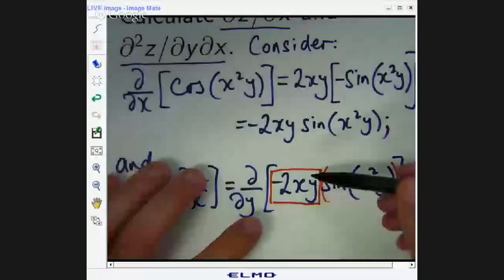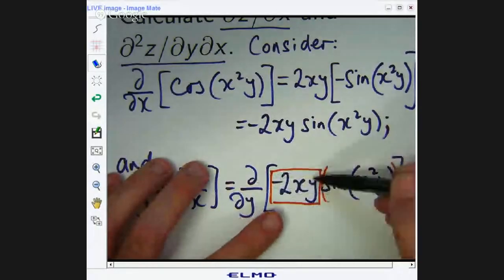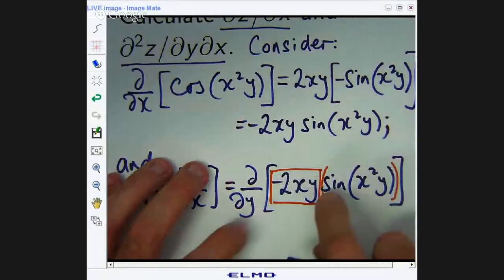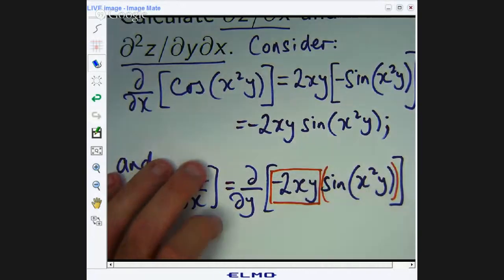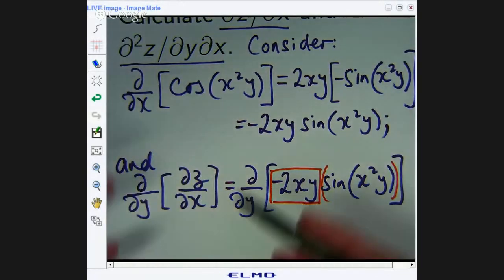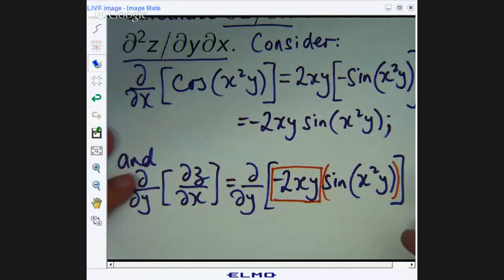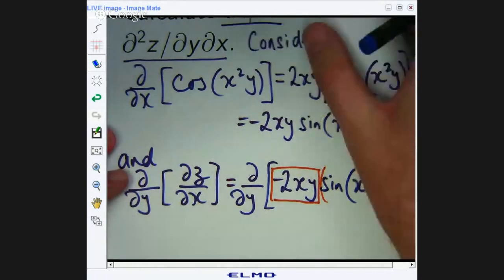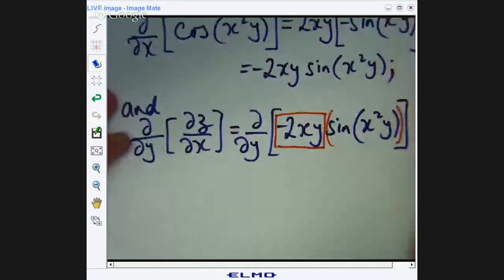So let's unpack that a bit. We will take the derivative of this with respect to y times this function plus the derivative of this with respect to y times this function. That's how the product rule works. And it's the same for these partial derivatives. Okay? So let's do that.